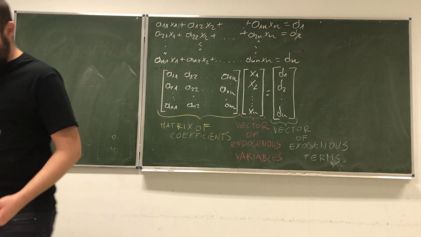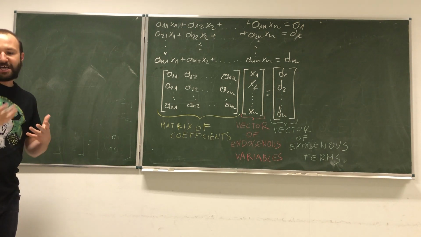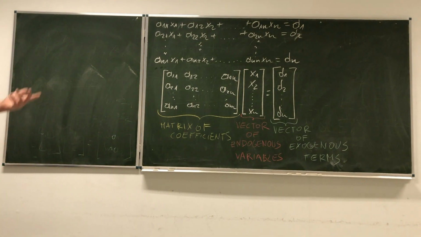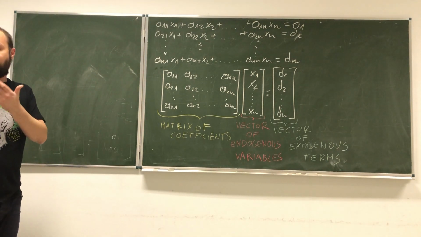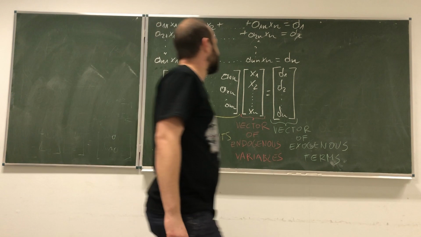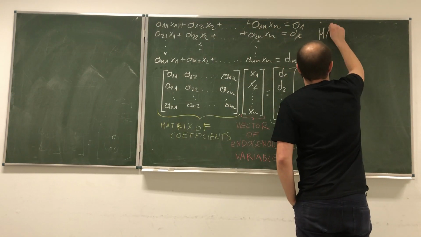Okay, so now we said quite a lot about matrices and vectors. So what is a matrix? Well, let's use a very simple definition.